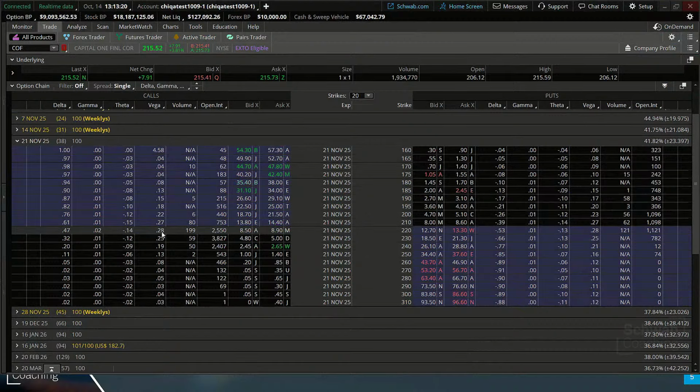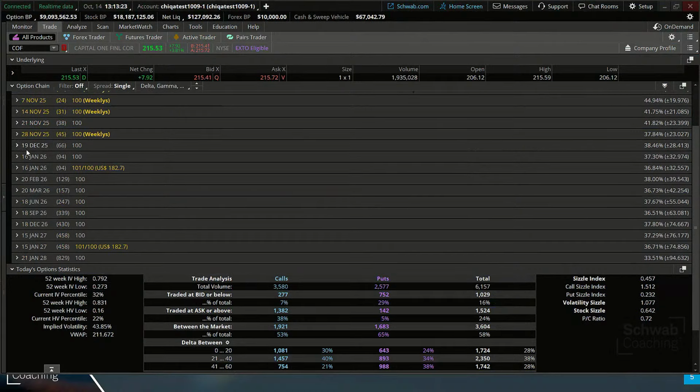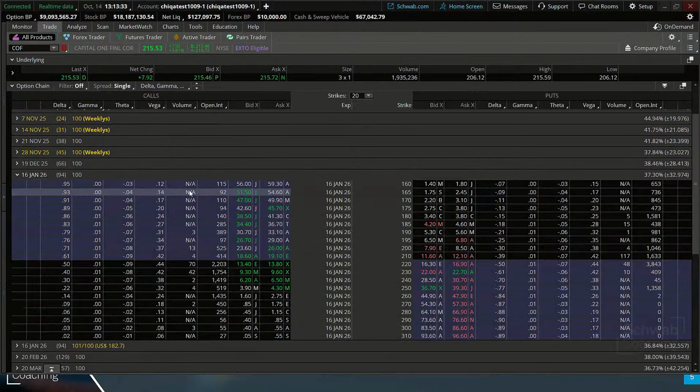It's obviously going to be higher for at the money options, but let's just look a little bit further out in time. And let's look at the 16th of January, 2026, the start of next year. And we're actually seeing a little bit more sensitivity to implied volatility out there as well.